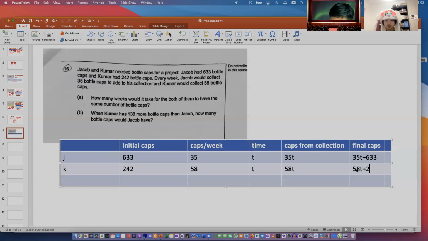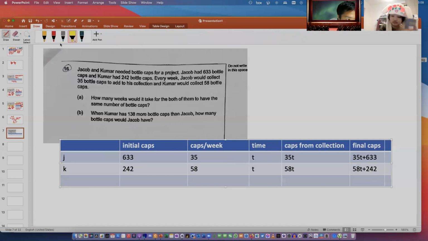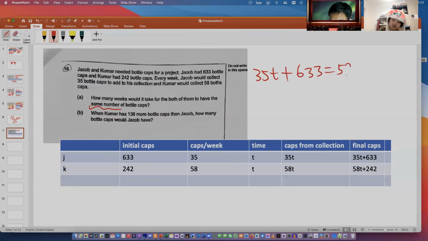And then after that, you're going to form an equation. The equation is, because they say how many weeks would it take for both of them, 35T plus 633 equals 58T plus 242. Very good. Can you help me solve this question, to find out what is T?